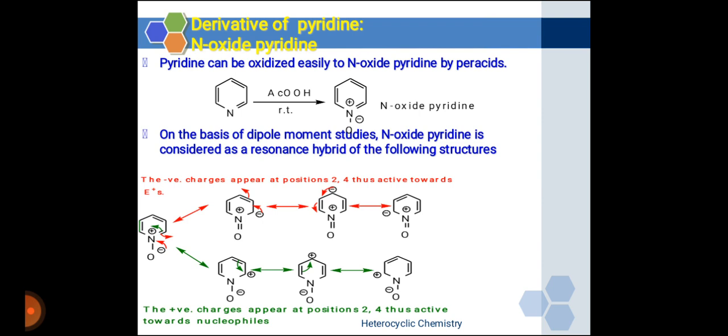So here are given the different resonating forms of the pyridine molecule. The positive charge appears at positions 2 and 4, thus active towards nucleophilic attack. So the second and fourth positions are more preferred for the nucleophilic attack, while electrophilic attack occurs at the third and fifth positions. Pyridine N-oxide, as appears from the previous canonical forms, has positive and negative charges at positions 2 and 4.